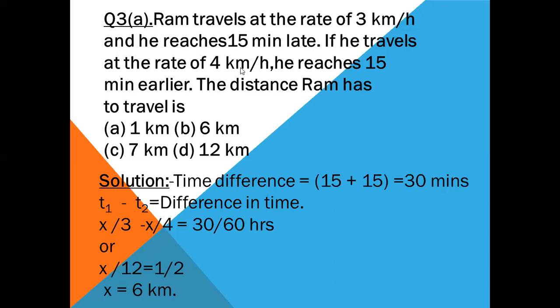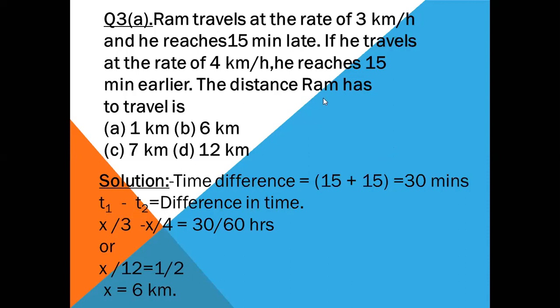But if you're going at the speed of 4 kilometers per hour, you are reaching 15 minutes earlier. That is, you would reach at 7:45. So if I ask you what is the difference between two times, 7:45 and 8:15, then you would say 30 minutes. Okay. So I can say T1 minus T2 would be 30 minutes.